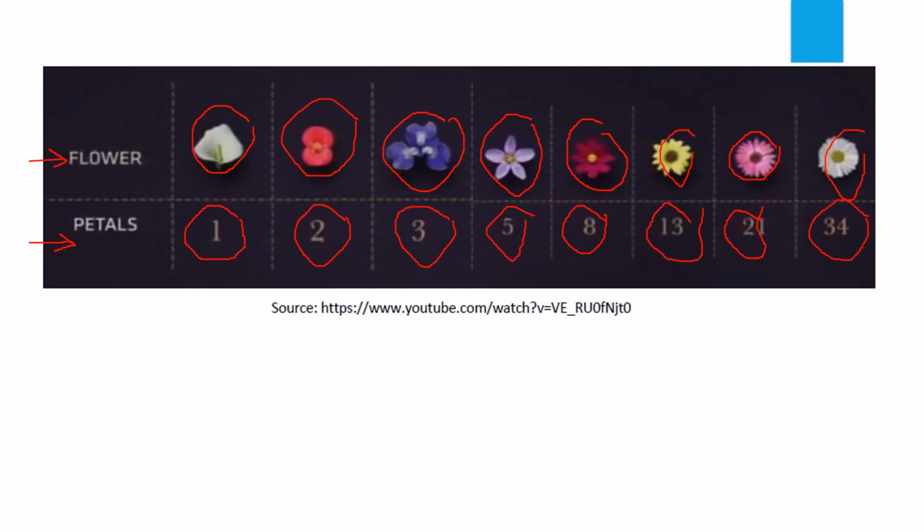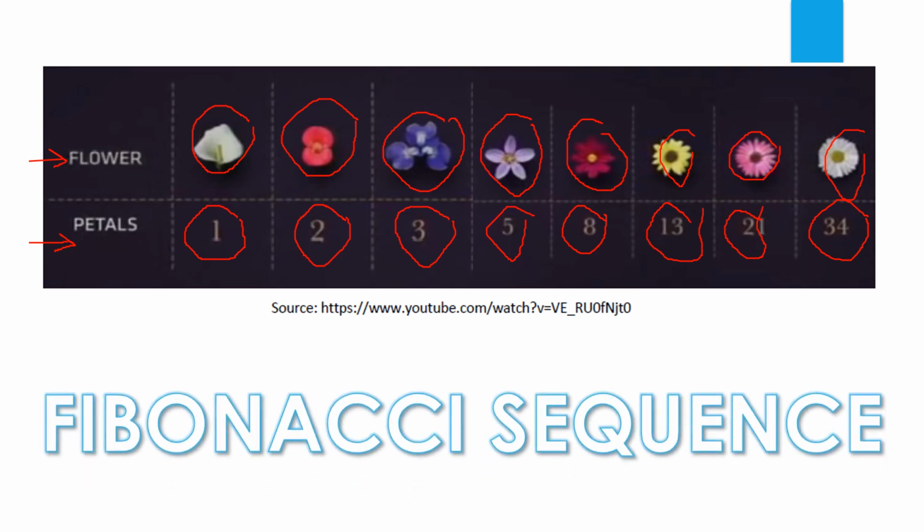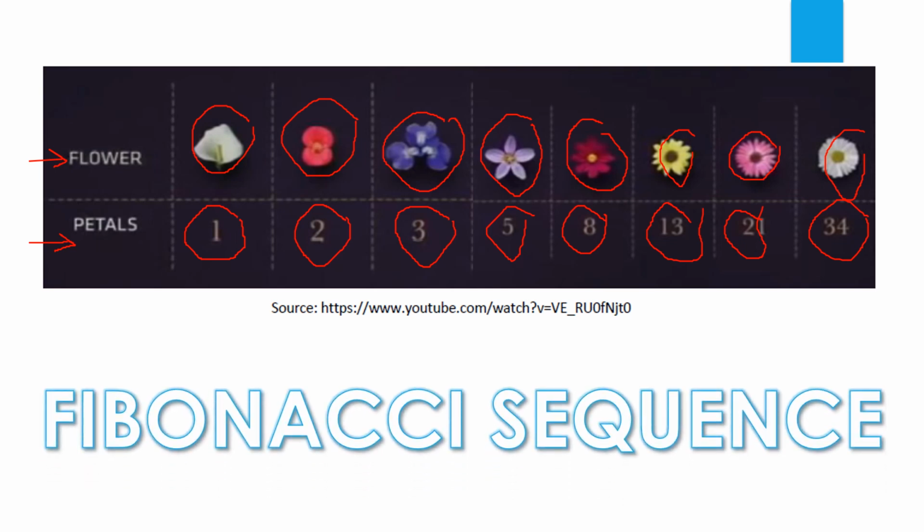So, what is the connection of those petals to our topic today? Even the spiral pattern that we have a while ago, and the sequence that we have here, 1 2 3 5 8 13 21 and 34, those are what we call the Fibonacci sequence.